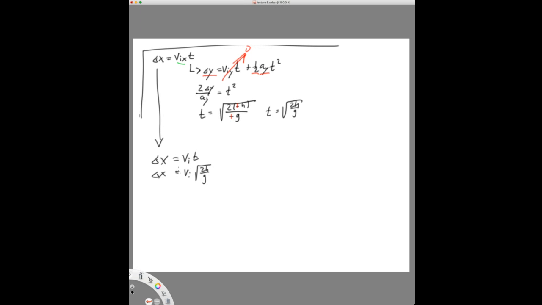It's a formula that will calculate the range of flight anytime we throw, kick, launch, toss, or eject something horizontally from a height h at a speed vi on a planet with a certain acceleration due to gravity.